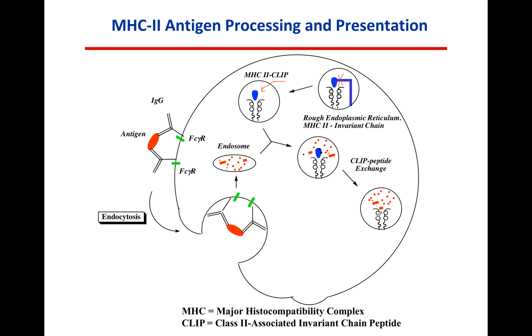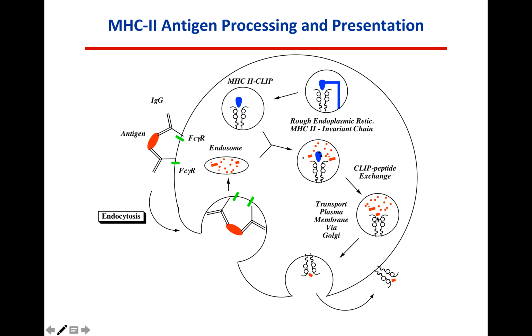Once this occurs, that MHC2 is then targeted and transported via the Golgi to the membrane and displayed on the surface. So what we see here is this peptide in red, from the original antigen over here, now displayed on the surface of the dendritic cell or macrophage.